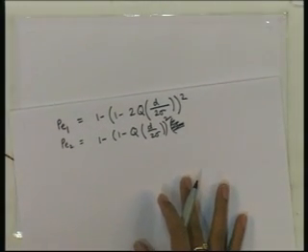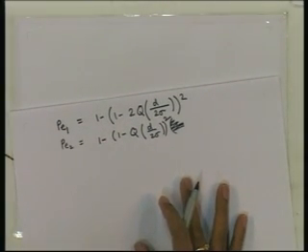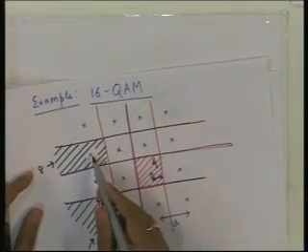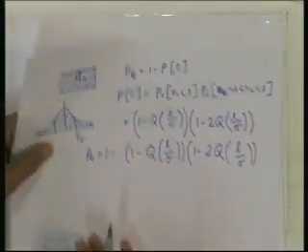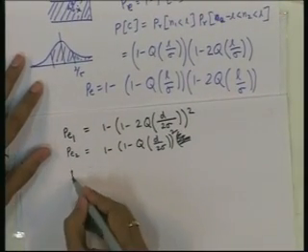Okay. And there is another type of decision region, that is left now. For this also we have computed the probability of error before, and that is this. Let us denote it by PE3.